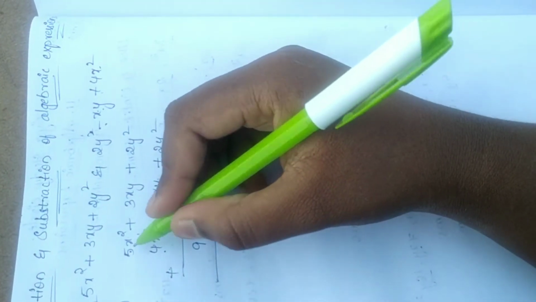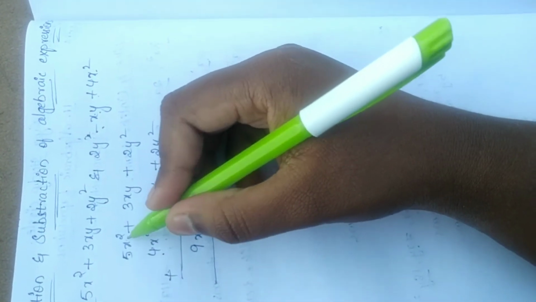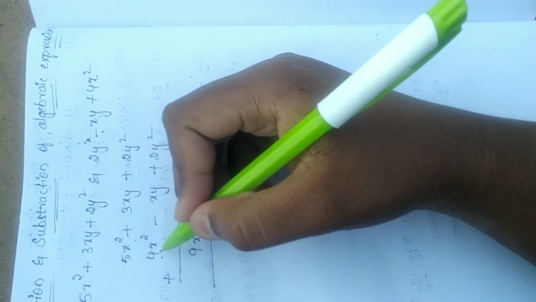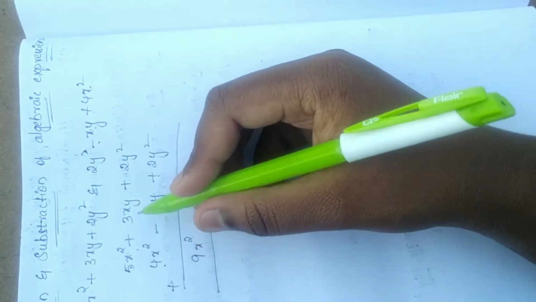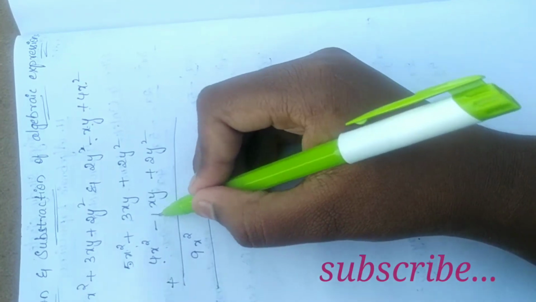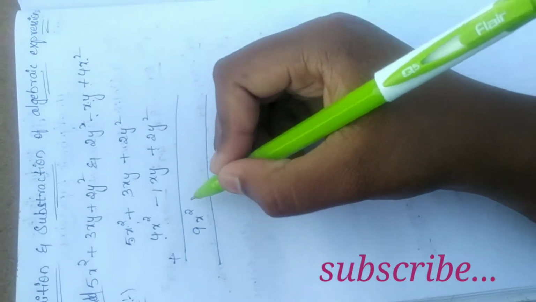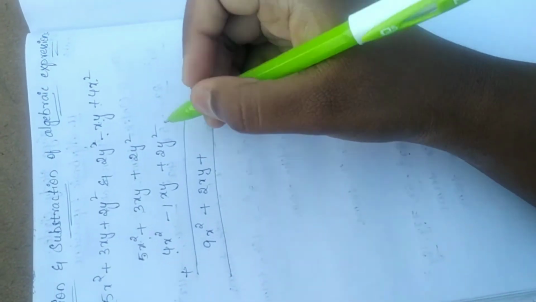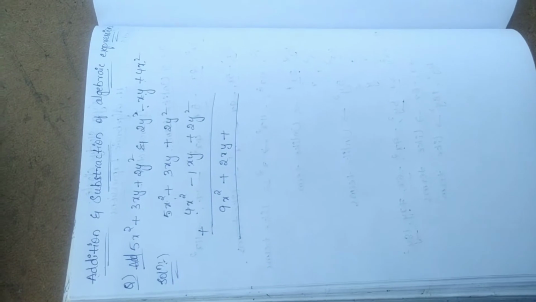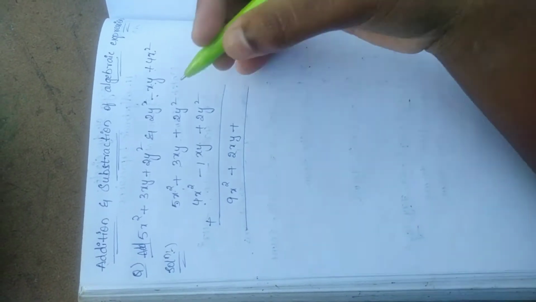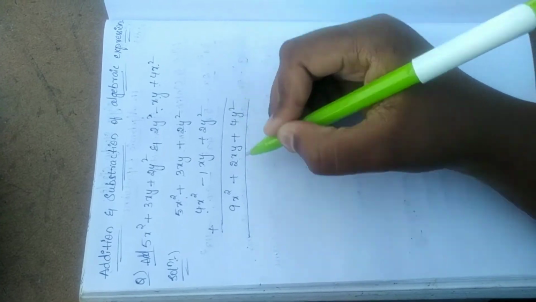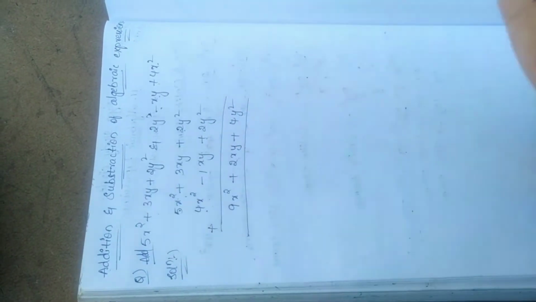So the x square variables are the same. The coefficient of x square is 5, here 4. So 5 plus 4 is 9. Here the coefficient of xy is minus 1. So 3 minus 1 is 2, plus 2xy, plus here the coefficient of y square is 2. 2 plus 2 is 4y square. So this is the solution for this problem.